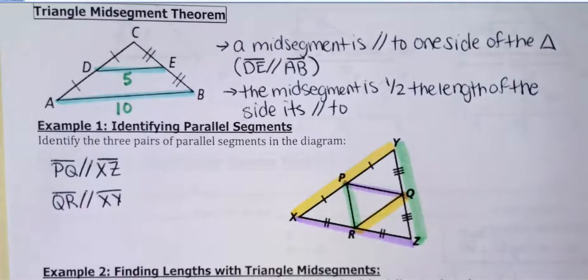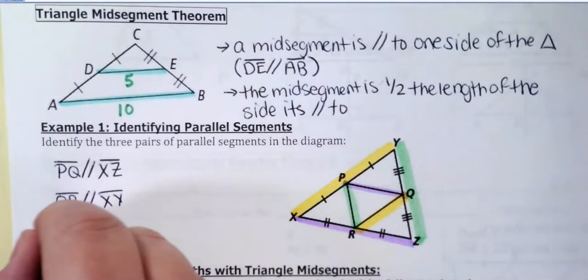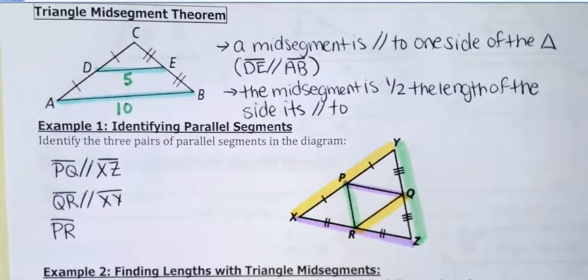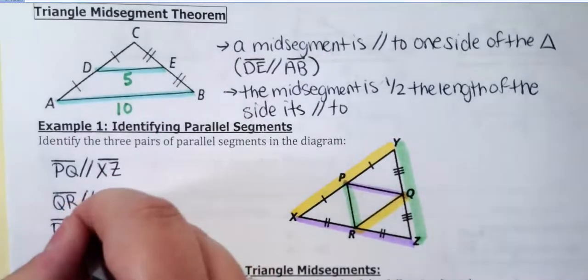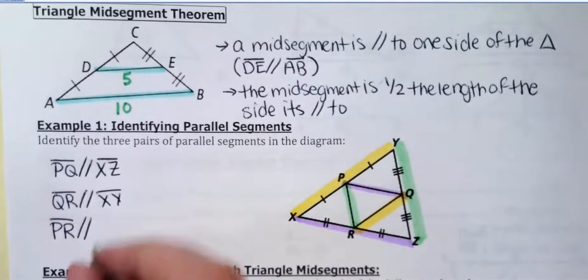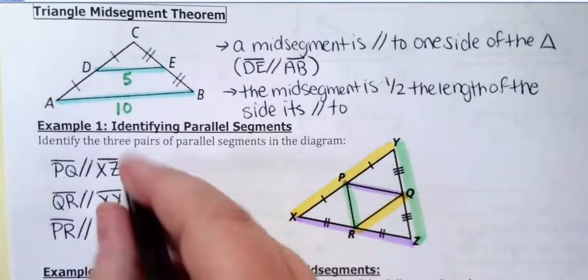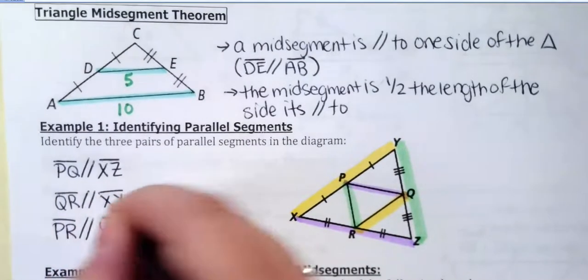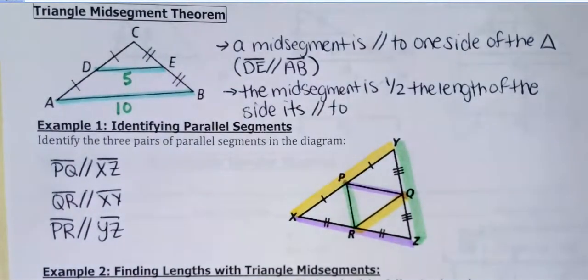Now, any of these, if you guys flip the letters around like I wrote PR, if you wrote RP, that's describing the same segment. So it doesn't have to match what I'm writing exactly to be correct. And like I'm going to write YZ, but if you wrote ZY, that's describing the same segment. Okay, any question about determining what side it's parallel to in the diagram?